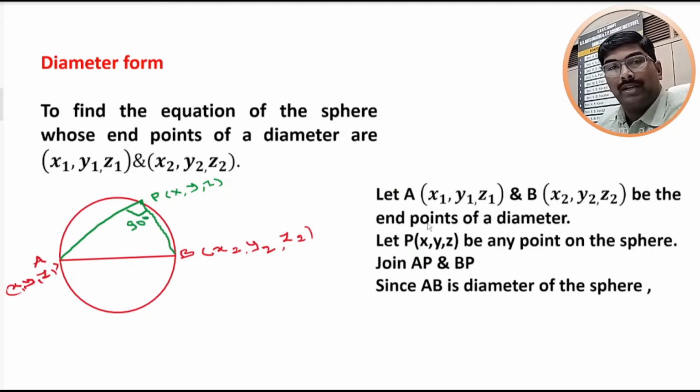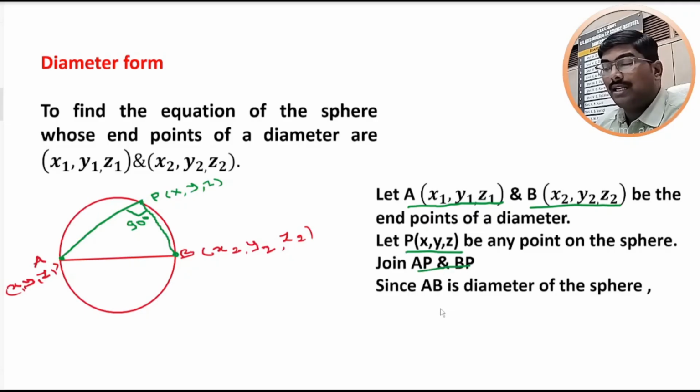So I will repeat it once again. Let A (x1, y1, z1) and B (x2, y2, z2) be the two endpoints of a diameter. So A and B be the two endpoints of a diameter. Let P (x, y, z) be any point on the sphere, then join AP and BP.